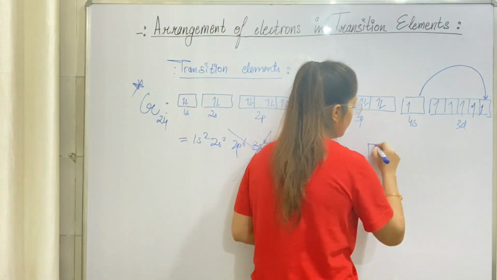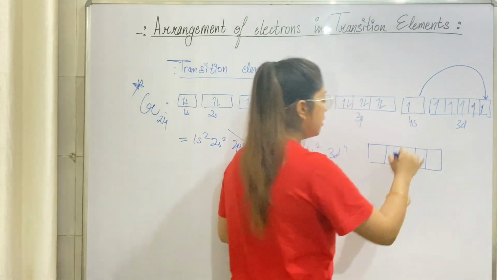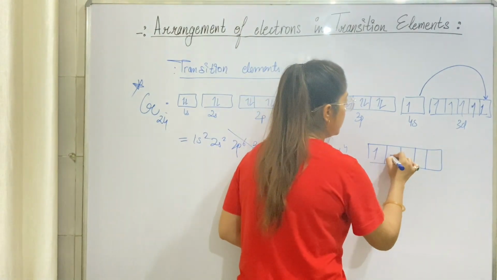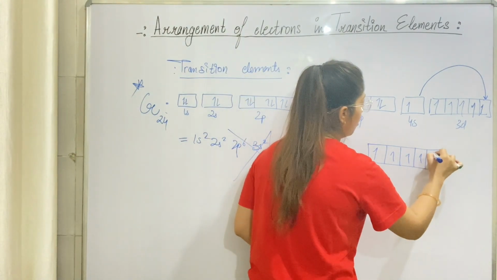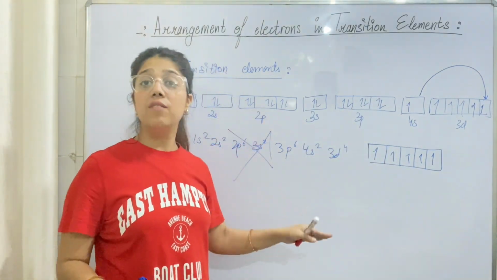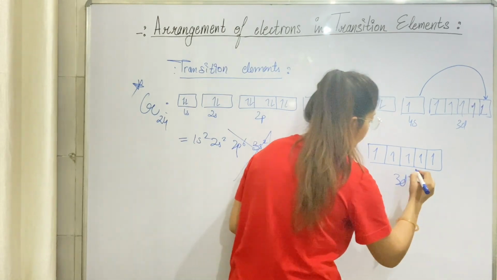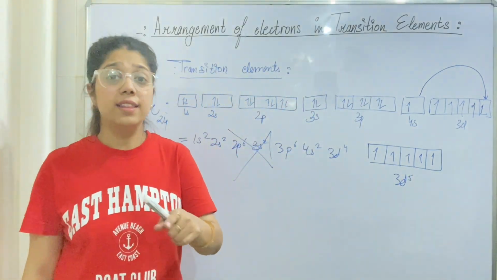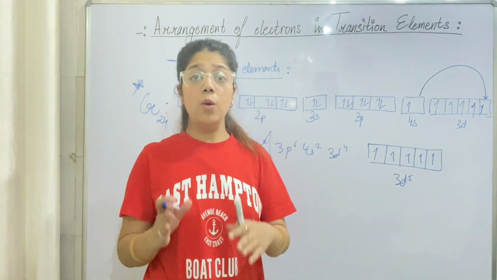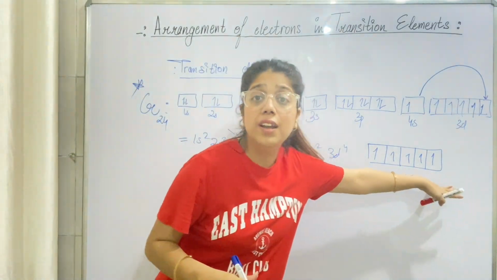So if we look at 3d, 1, 2, 3, 4, electron 1, 2, 3, 4, 5. Now these are half-filled orbitals. After this pairing will start taking place, correct? So this is 3d5. Now because the 3d orbital is symmetrical, now all are half filled.